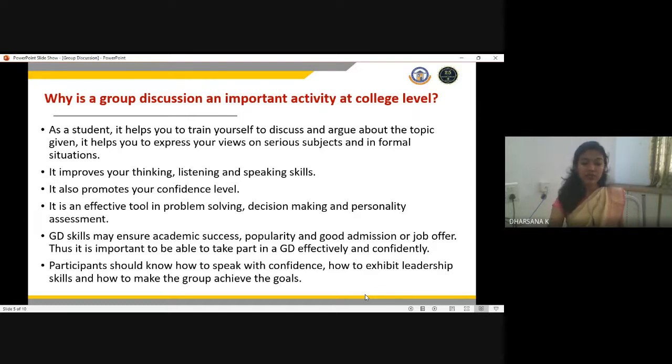Participants should know how to speak with confidence, how to exhibit leadership skills, and how to make the group achieve its goals. Through this group discussion, they'll be checking your confidence, because there will be a group of 10 or 12 people, and you have to speak in front of them.